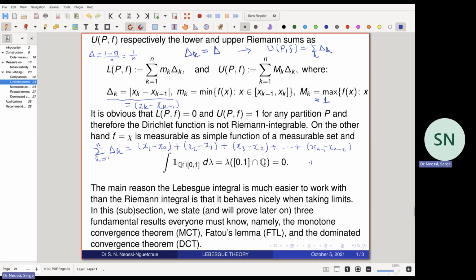And finally, the last one, when k is n, we have x_n minus x_{n-1}.